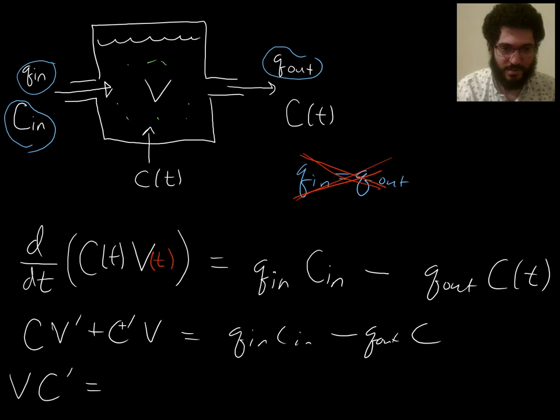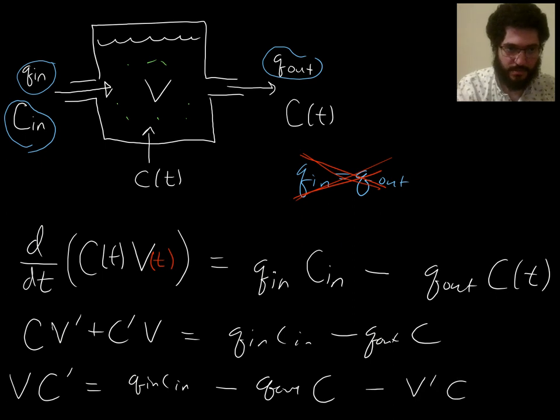So c prime v equals, and then I'm just going to subtract that to the other side, q in c in minus q out c minus v prime c. So this is what I would get, and then if I divide that v over, I have over v, over v, over v.